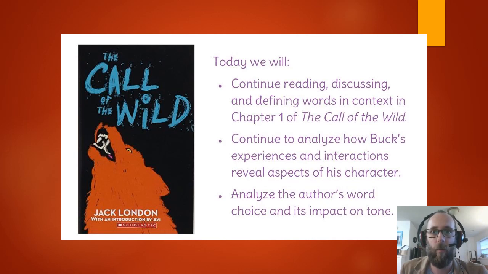That means where we find them in the text, in chapter 1 of Call of the Wild. We're going to continue to analyze how Buck's experiences and interactions reveal aspects of his character. So we're going to continue to look at how his character is developed through this story, and we're going to analyze the author's word choice and its impact on tone.